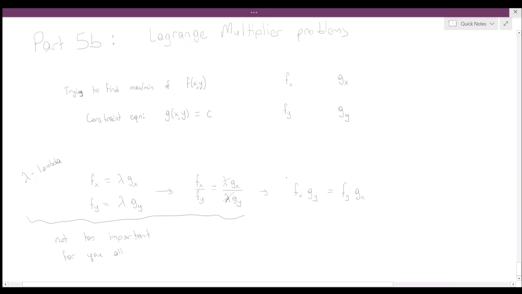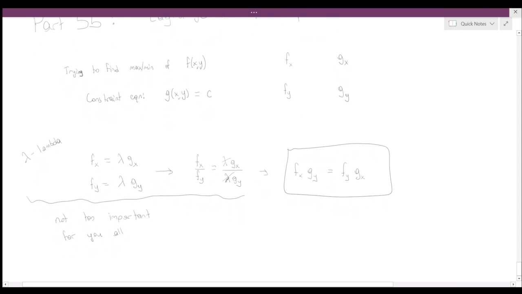And instead, after computing the fx, fy, gx, and gy, you can pretty much jump straight to this and go from there, okay? So from these equations, what you'll do is solve for some relation between x and y.